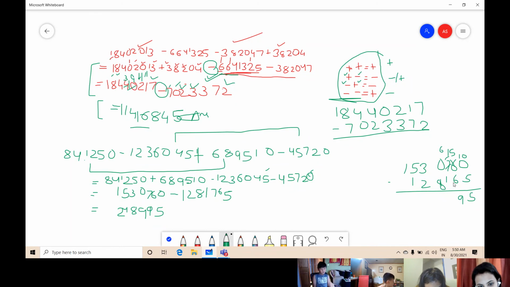Oh sorry, it will not become 760, just a minute. Okay, here is 7, sorry, this is not 1, this is 7. I have missed one number, just a minute. This is also 7. This is 1.